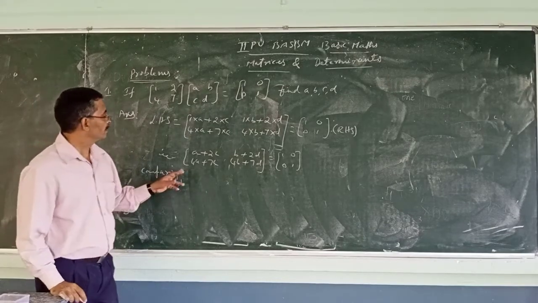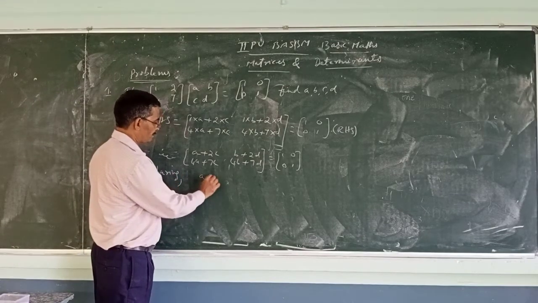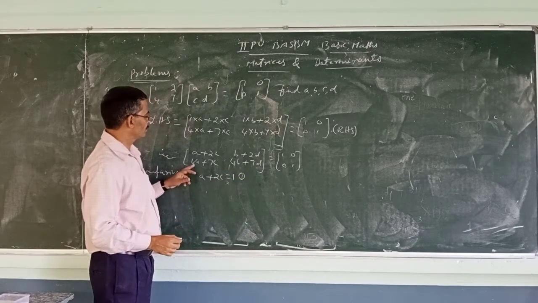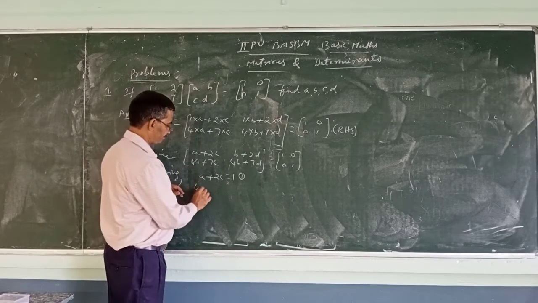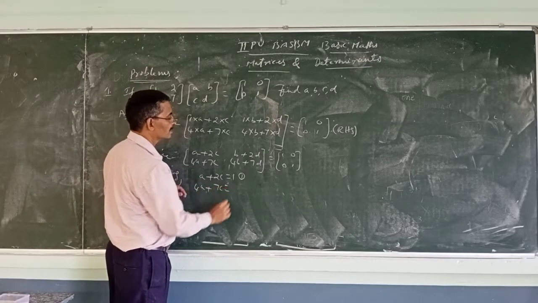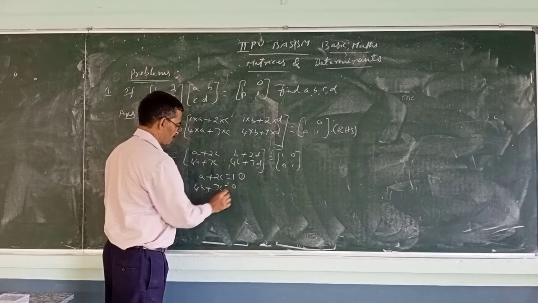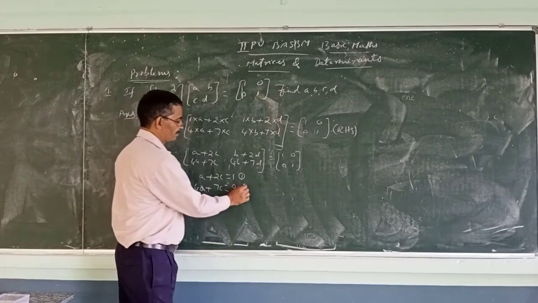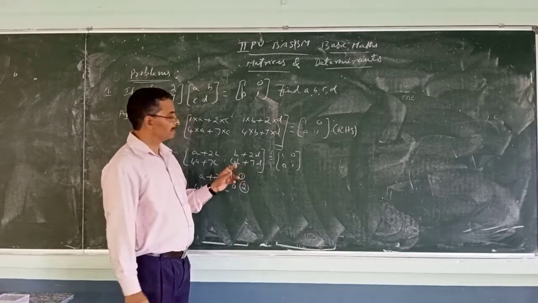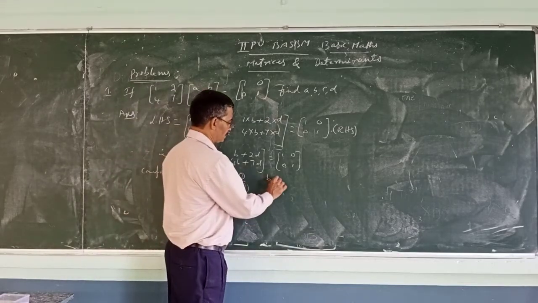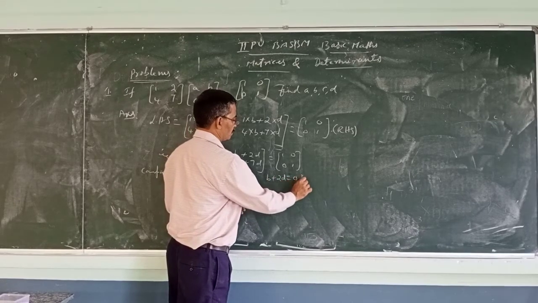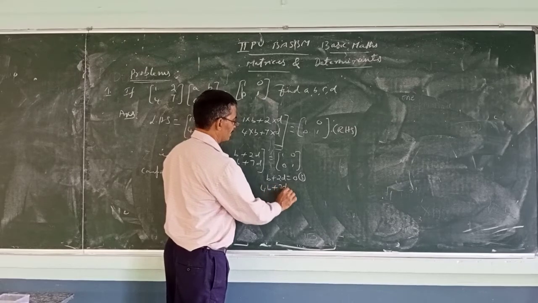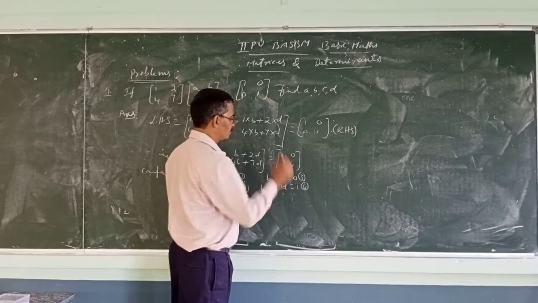A plus 2C equal to 1, we call it equation 1. Next, 4A plus 7C equal to 0, call it equation 2. B plus 2D equal to 0, equation 3. Last one, 4B plus 7D equal to 1, equation 4.